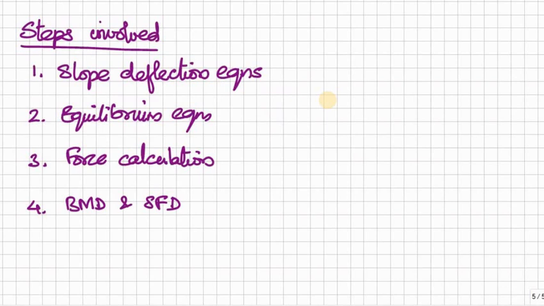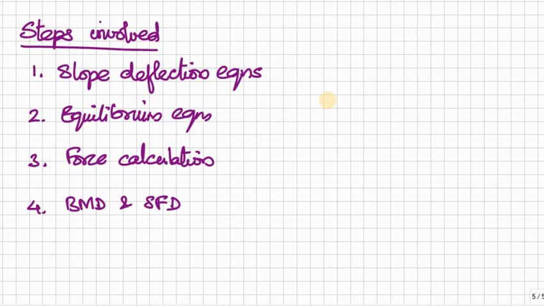So, once we have the slope deflection equations, then we can go for combining the slope deflection equations based on equilibrium equations available at each joint.